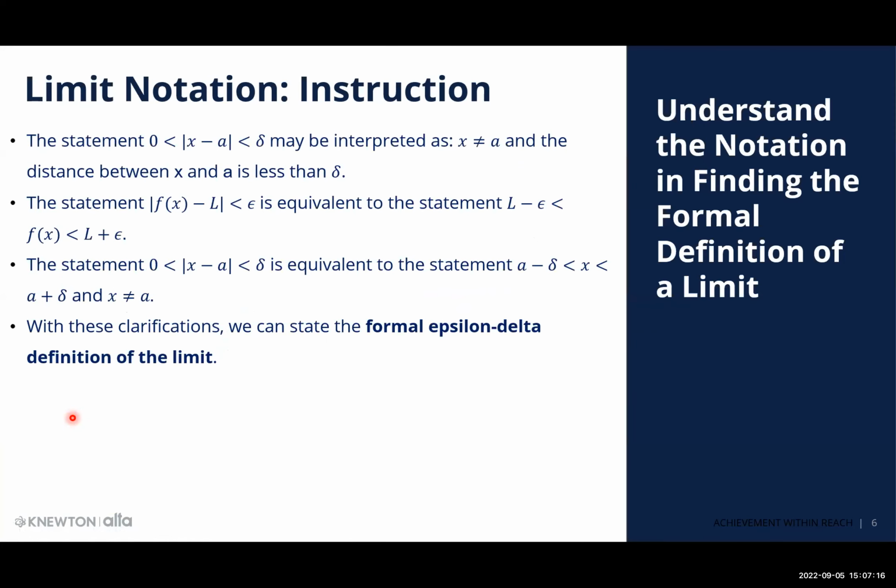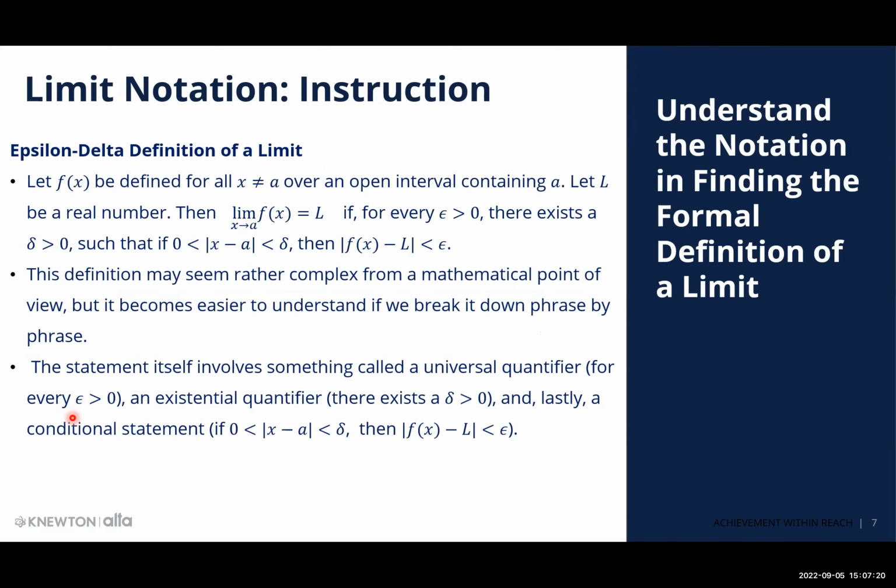So we'll go ahead and start with the definition, which is on this page here. It says epsilon delta definition of a limit. Let f of x be defined for all x not equal to a over an open interval containing a. Let L be a real number.